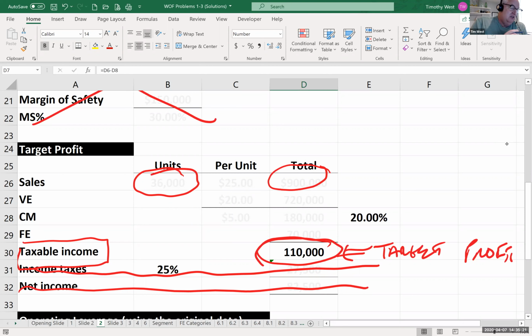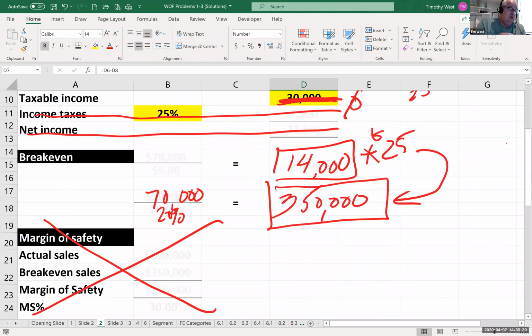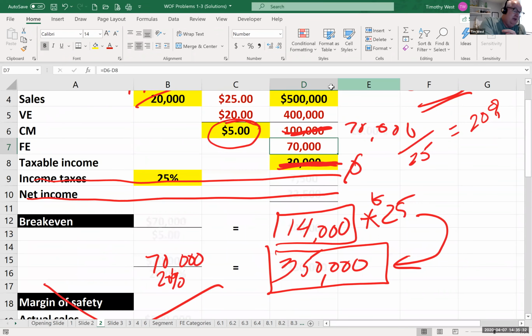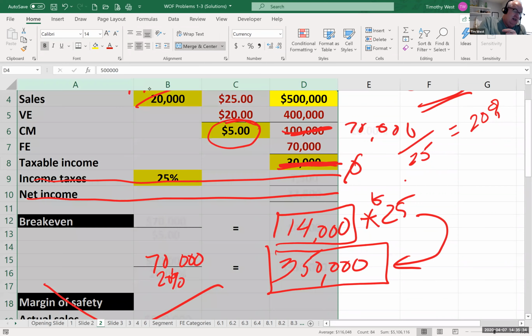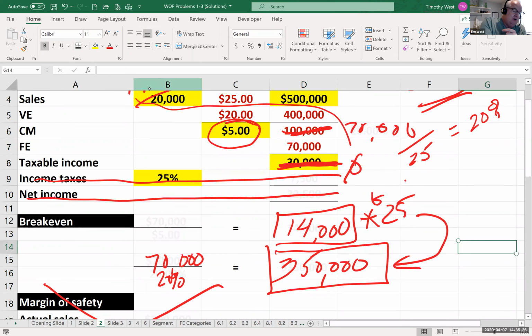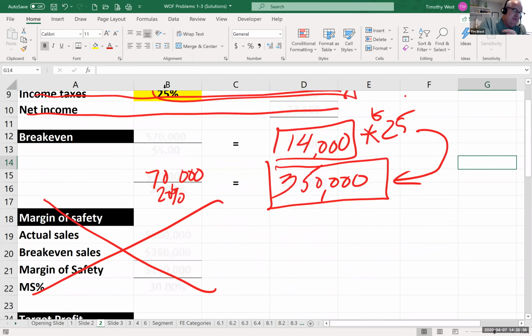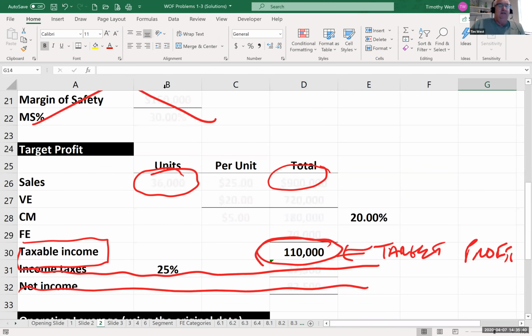So, Grace, what other pieces of information do we have from the work that Matt did up here before? If this is what we had before, what of that carries forward to this income statement? We need the total fixed expenses. Okay, so we got 70 here.